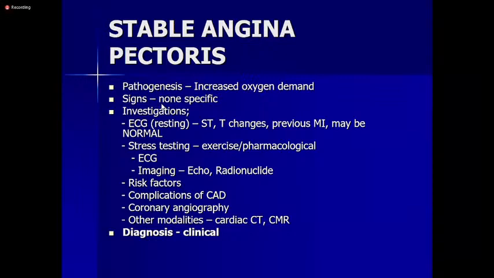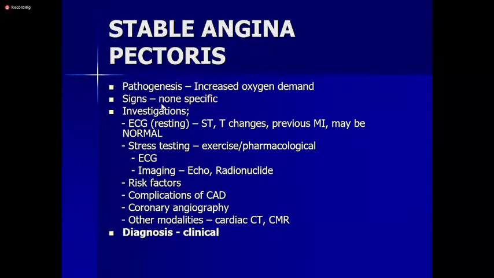So going on to pathogenesis, it is basically increased oxygen demand. What is happening here is you have a fixed coronary narrowing, but not total obstruction. So at rest, whatever blood is able to pass through that coronary artery is sufficient for your demands. But if you then increase your demand by typically exercise, then there's a shortfall, and that is why the symptoms occur.